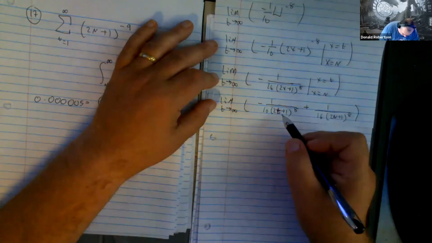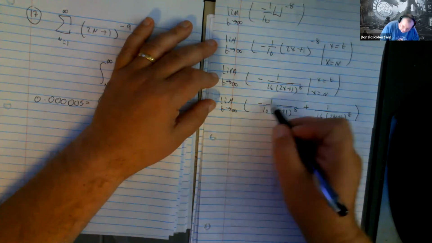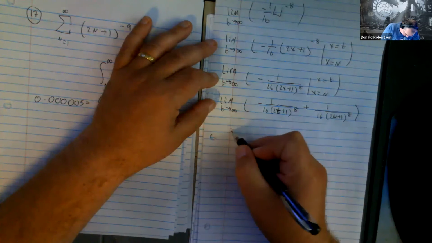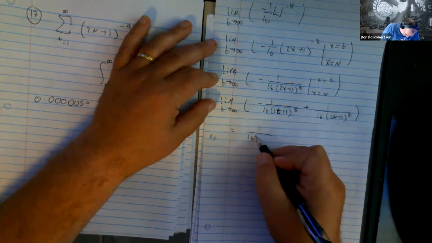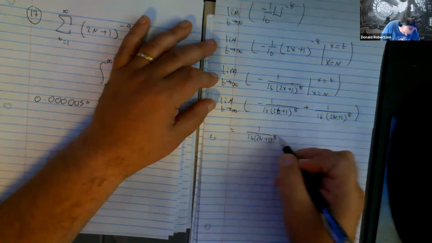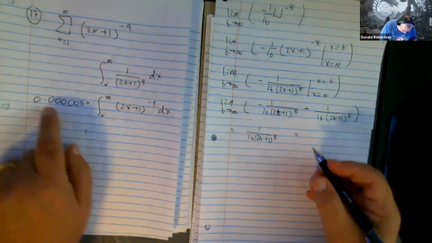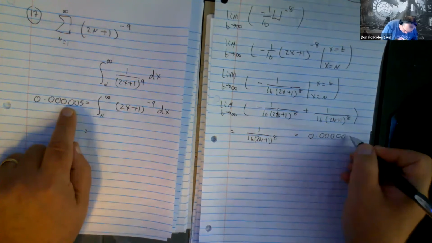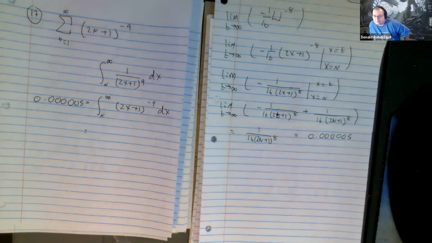If you plug infinity in here, would you agree that disappears to 0? So the answer is this fella. And we want this fella to be approximately equal to that guy. So just when you thought you'd finished, do you see you've got more work to do?